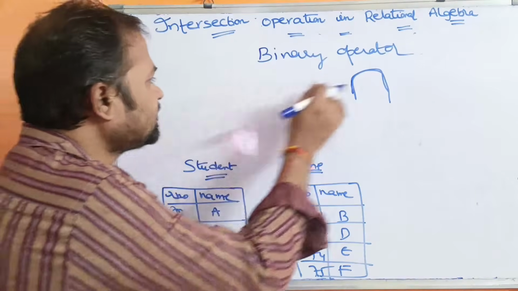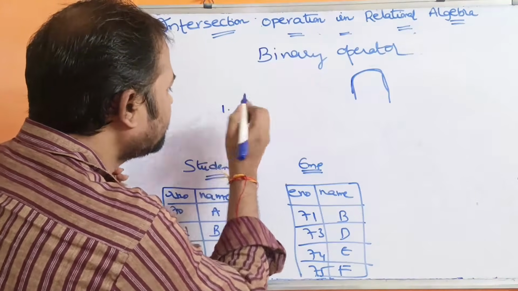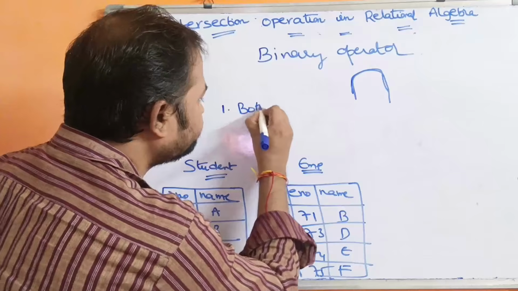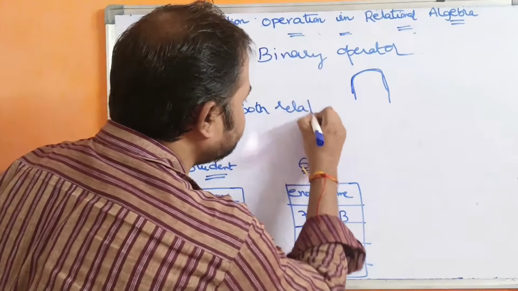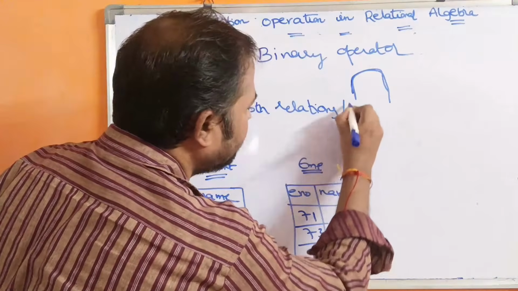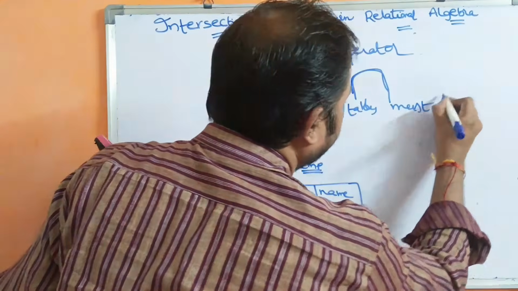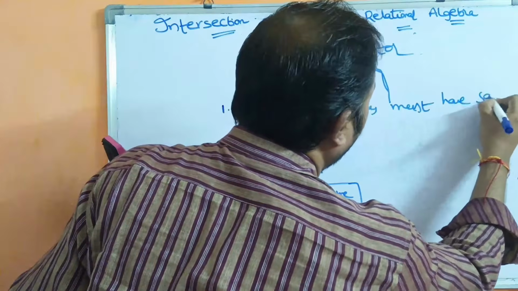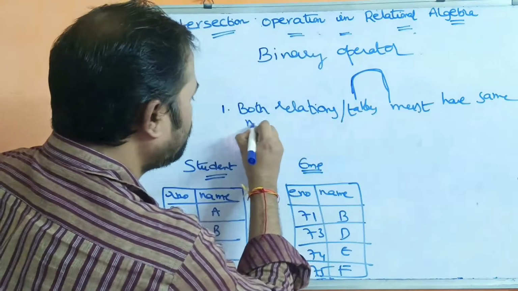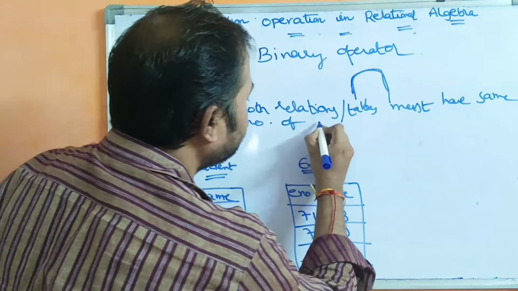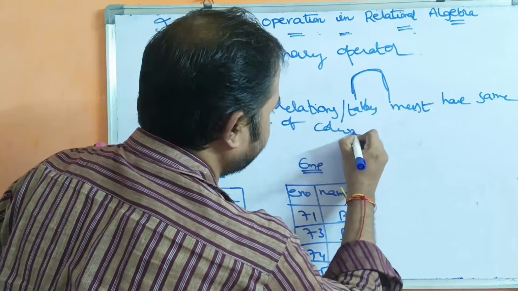The first condition is that both relations, or we can call a relation a table also, both tables must have the same number of columns. Both relations must have the same number of columns.